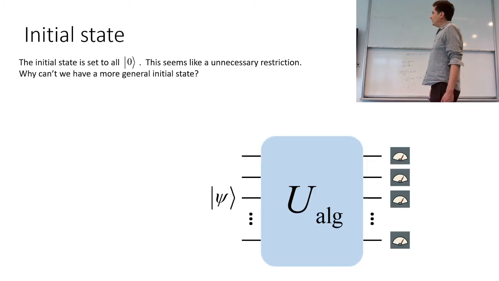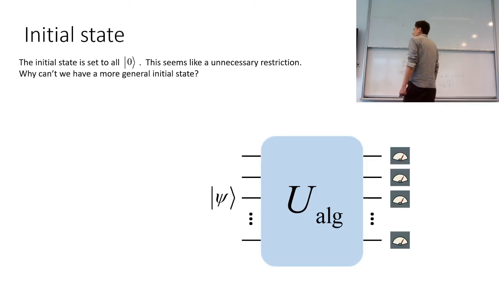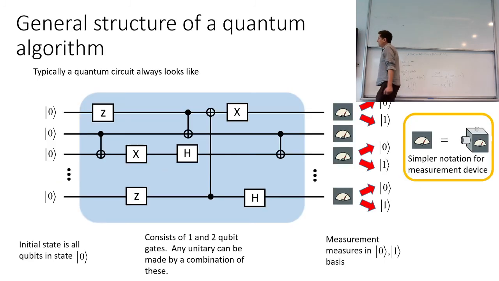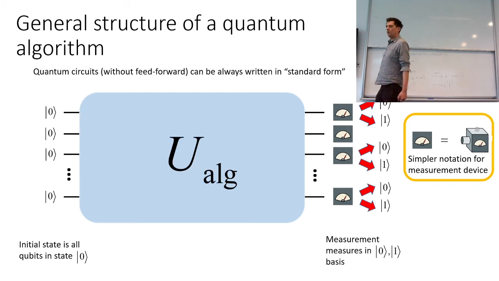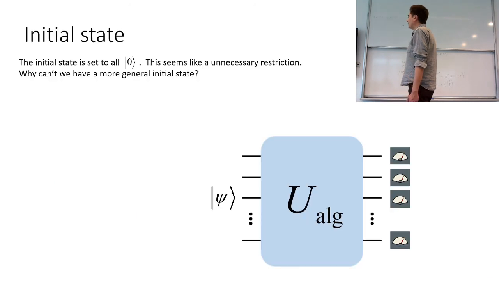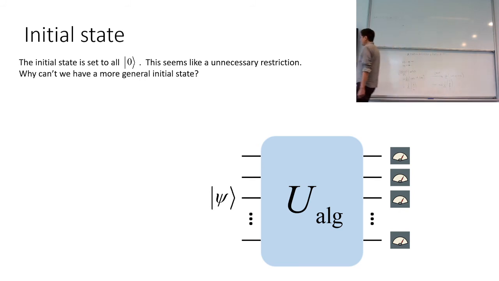Okay, so let's talk a little bit about the initialization of the state. I said that the initial state is always the zero state. Why couldn't we have a more general state like this? Surely we could start in some other state, not just zero.